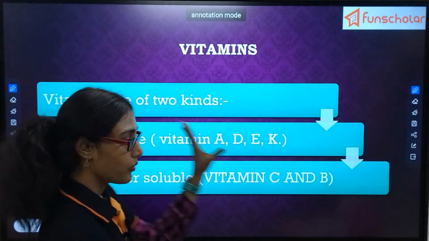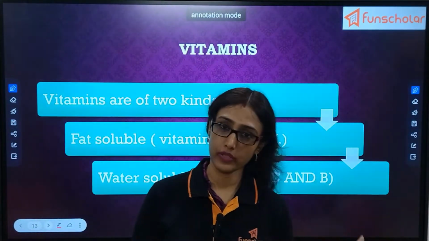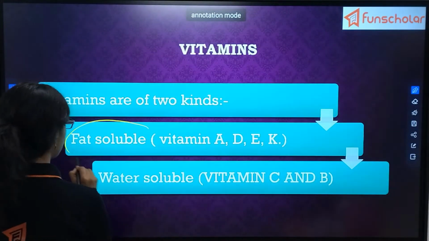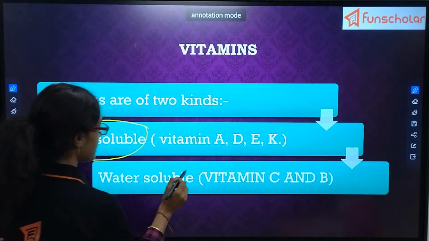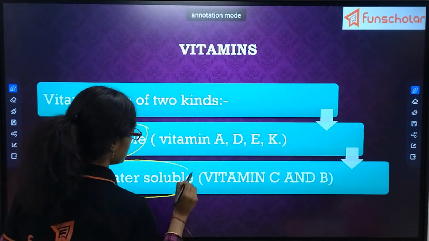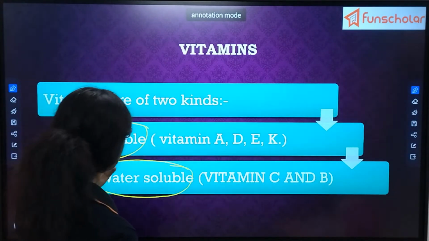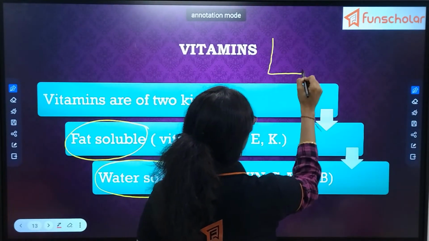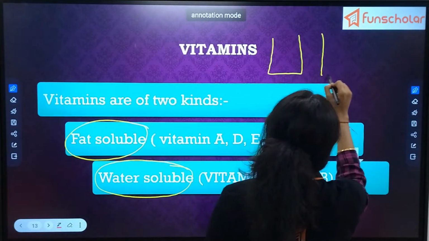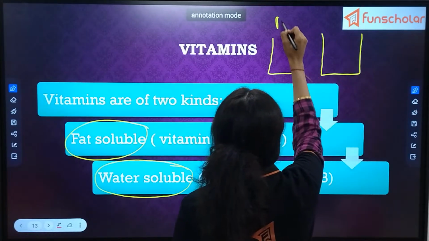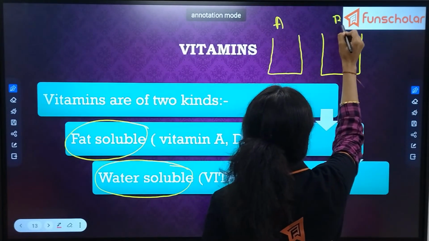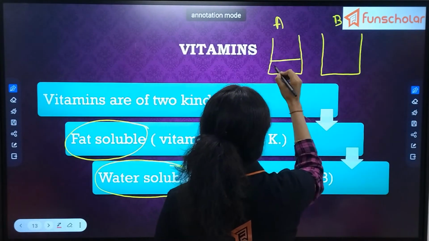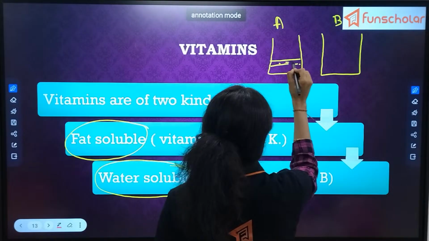Okay, now vitamins are of two types. First is fat soluble vitamins and second one is water soluble vitamin. What is fat soluble and what is water soluble? Suppose this is two beaker. Beaker number A, beaker number B. Okay? This is having suppose oil.